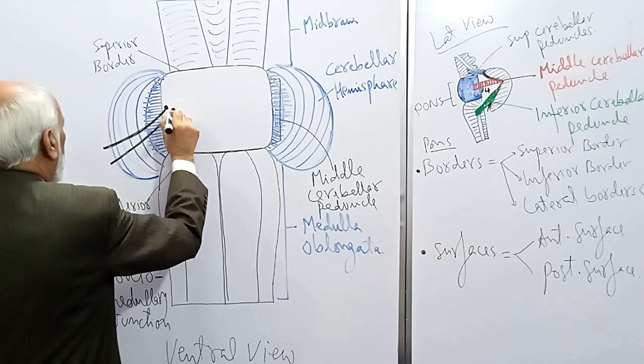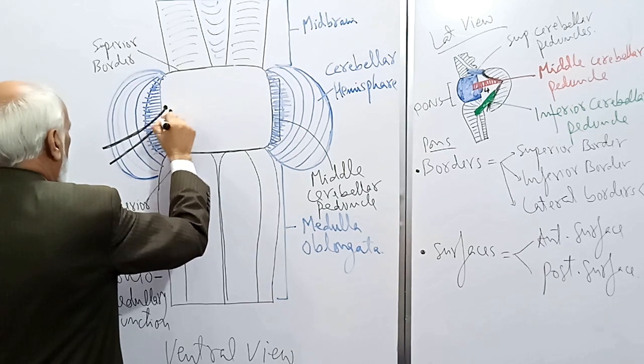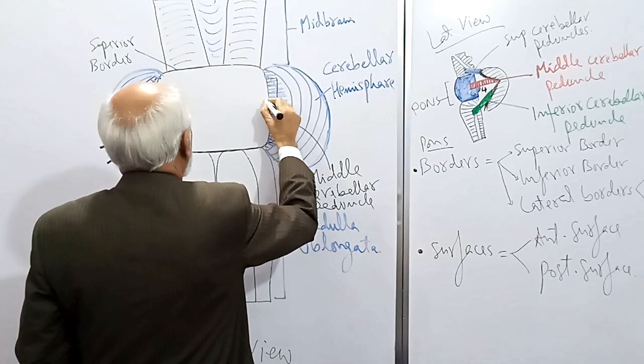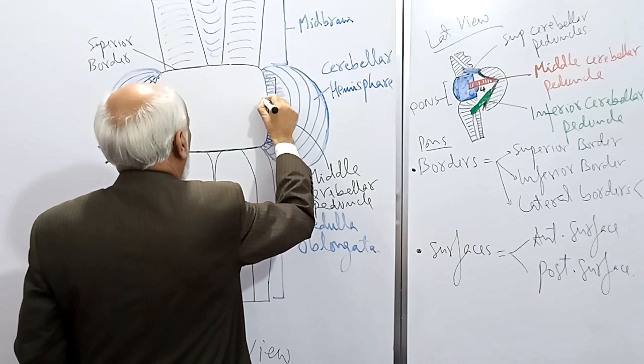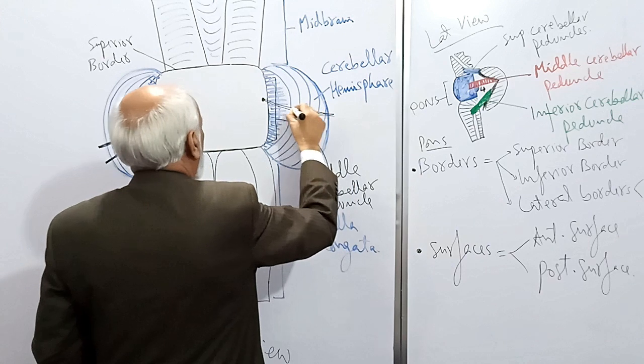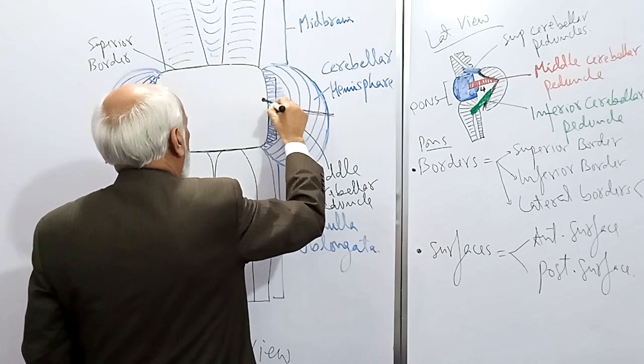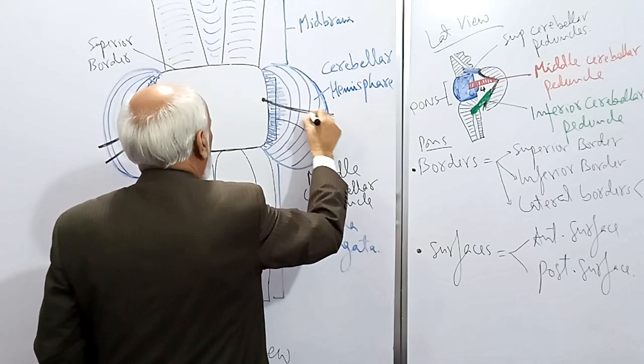This is, suppose, the right trigeminal nerve roots and left trigeminal nerve roots. The trigeminal nerve is the fifth cranial nerve.